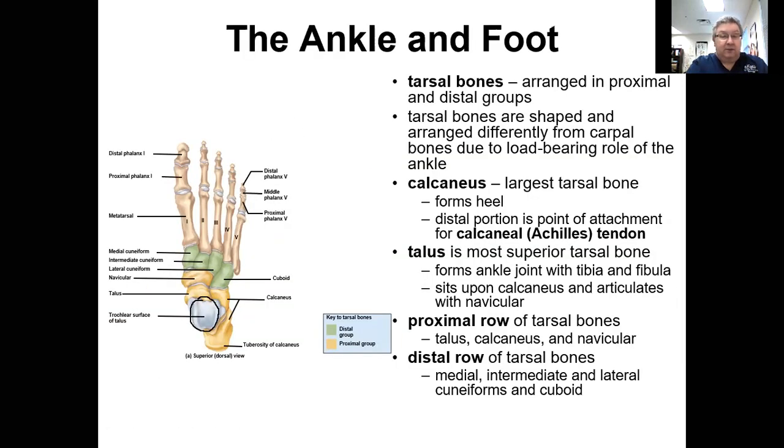Okay, so the talus is this round circular bone, looks like a pulley. It's the most superior tarsal bone. And it's the talus that articulates with the medial and lateral malleolus and allows our foot to dorsiflex and plantar flex.